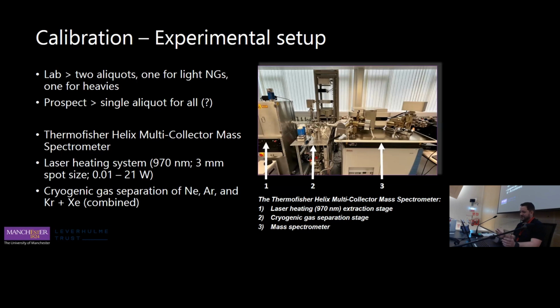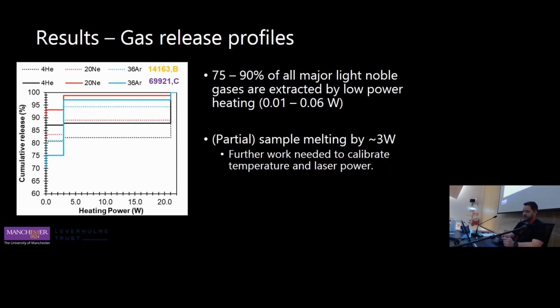And the aim here is to collect all the noble gas data we can from a single aliquot, which is important given, particularly with Prospect, we're limited to the number of samples that we can extract.